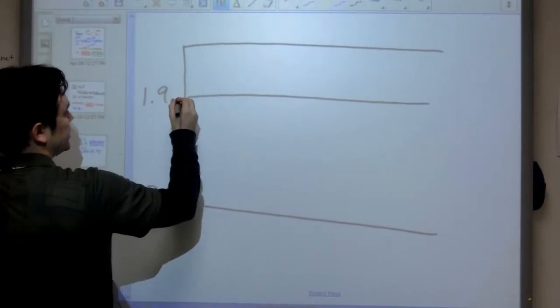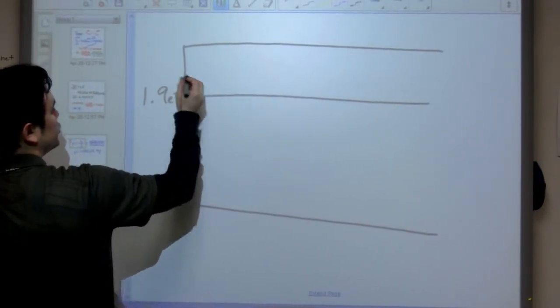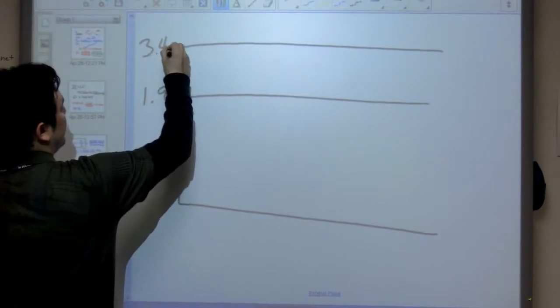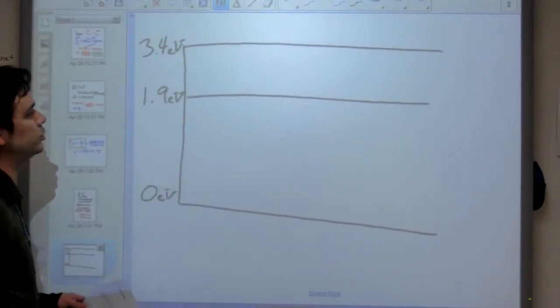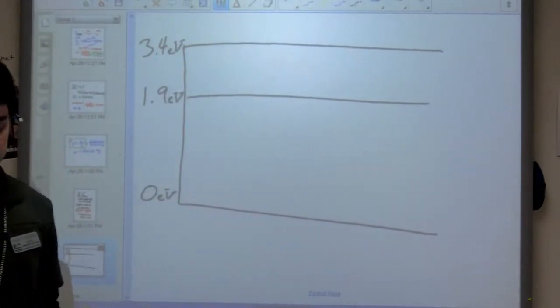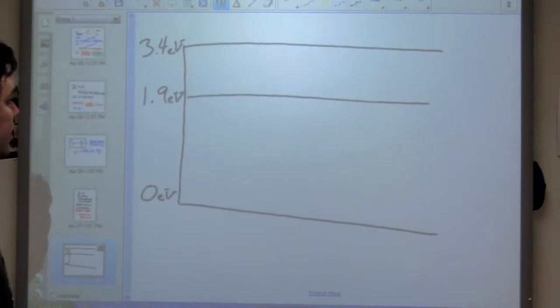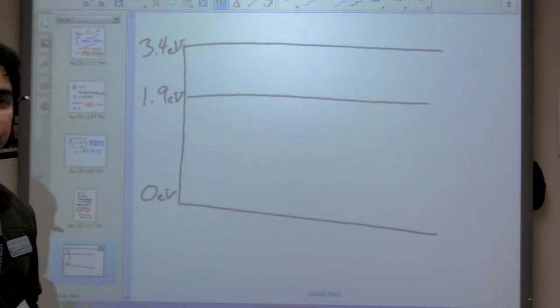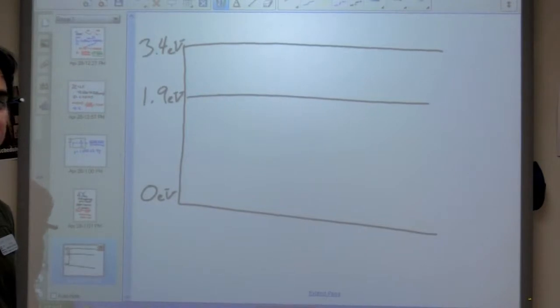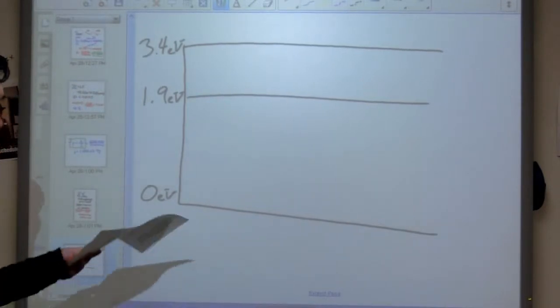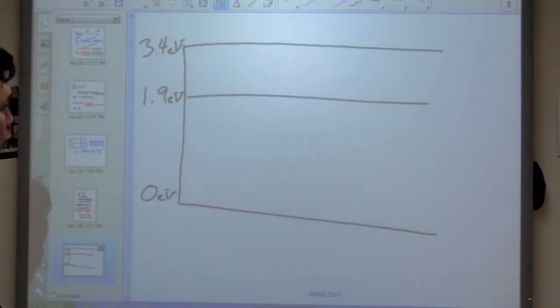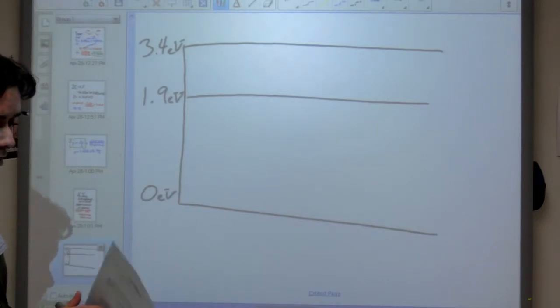That leads to my second one up here being 1.9 electron volts, and up here I will have 3.4 electron volts. Now, I didn't mention it at the time, but these numbers are actually only a handful of the orbits that are available inside the hydrogen atom. So, these are real-world values that we are dealing with, and we're going to see something come from these.